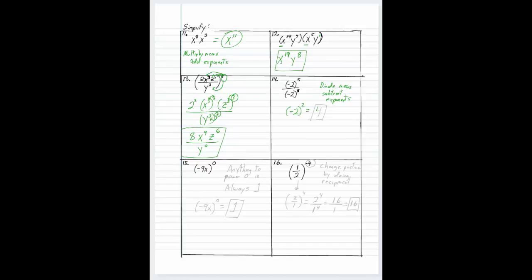And -2 squared is just 4. 15 is super easy. You should get this on the exam. Anything to the power 0 is always 1. So negative 9x to the 0 power is 1.